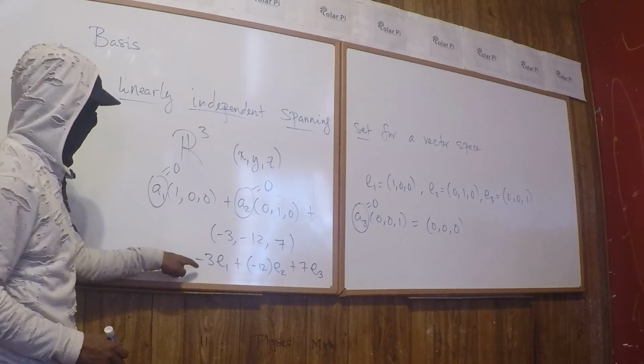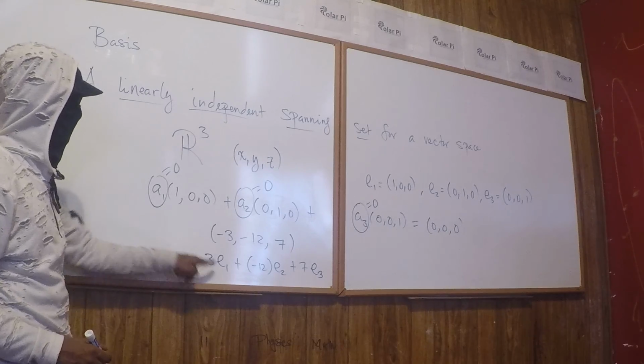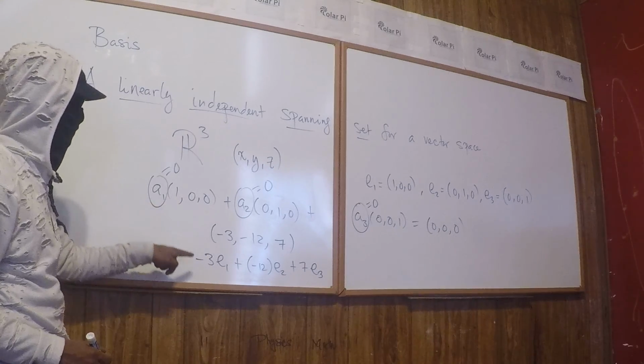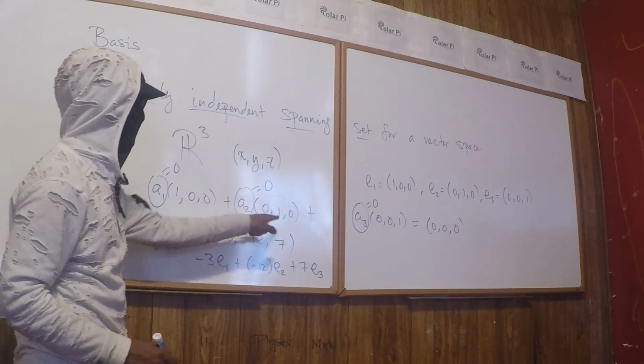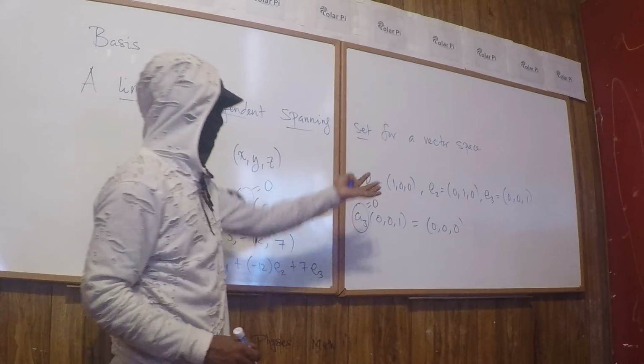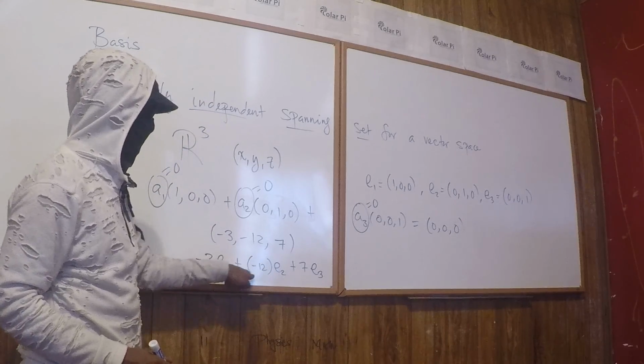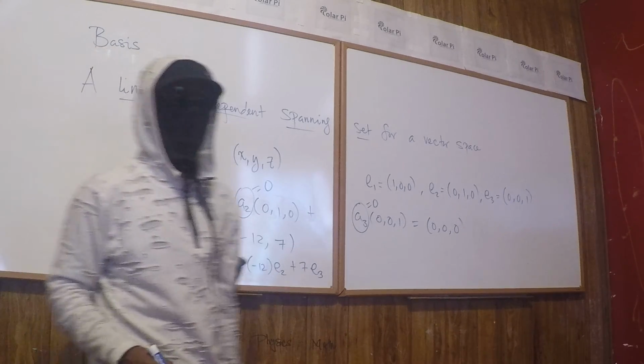Because -3 times E1 changes the first coordinate from 1 to -3, and the -12 changes the second coordinate in E2, and you get it.